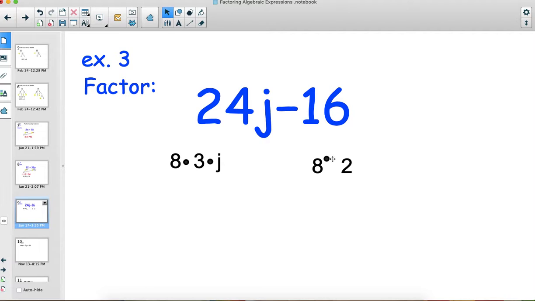All right, so we have these, and what do they have in common? Well, they have the 8 and nothing else. So I'm going to pull those out.